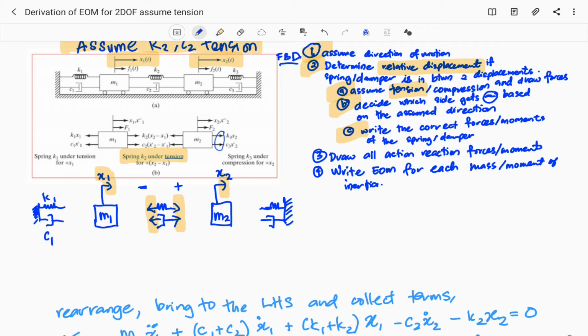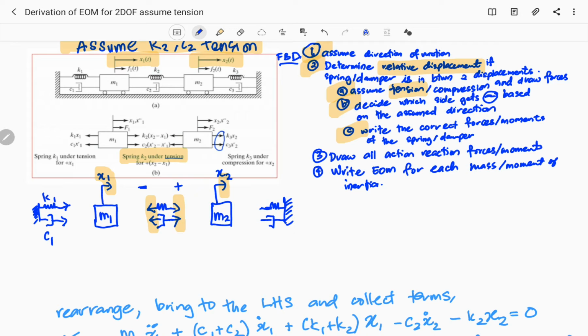We've done with that, and we also need to do that for K1 and K3. So maybe I write this one as K1 goes there because it has to get positive. K1 arrowhead and C1 arrowhead should be the same as x1 because we want to get positive.